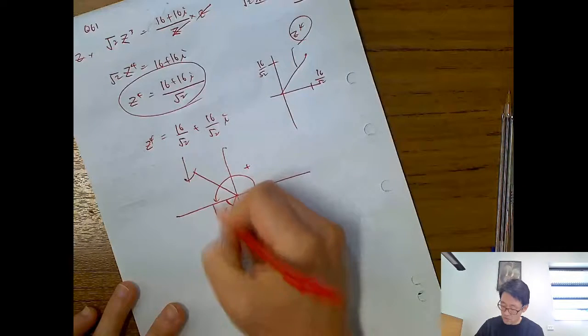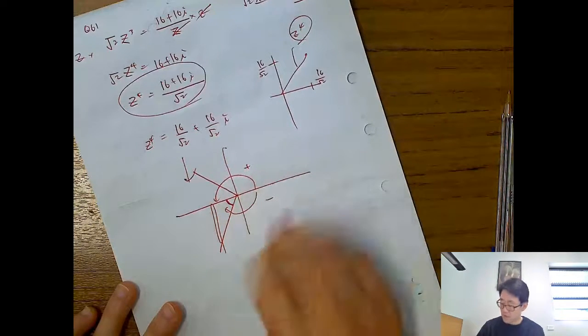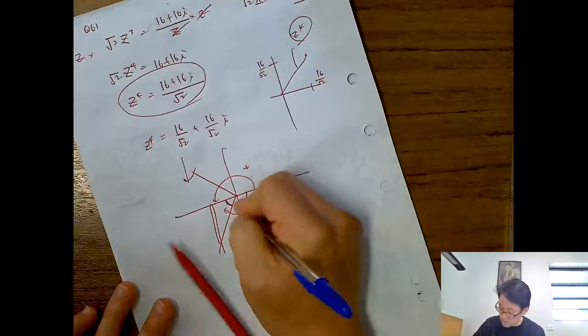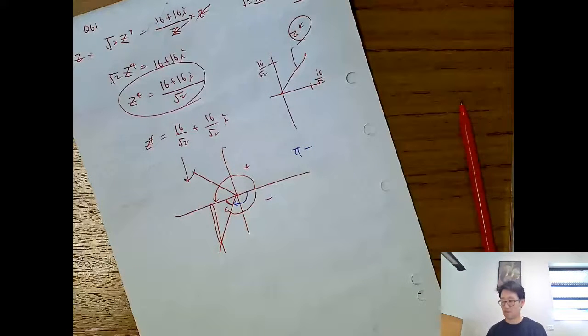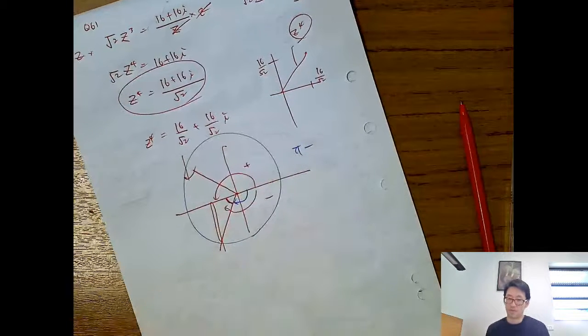That's what you're dealing with, but the actual angle is from here. Work that out from pi minus, then it's probably easy enough. When you draw it, everything makes sense.